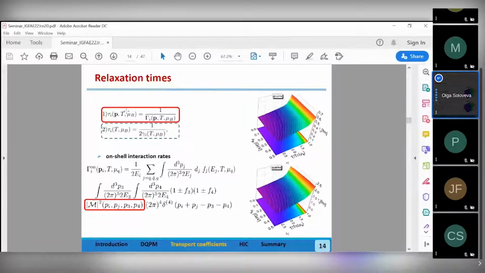So relaxation time can be calculated using interaction rate, or if you have the quasi-particles with a finite width, the width actually tells you the interaction rate. So in our model, our width from spectral function is related to the interaction rate.